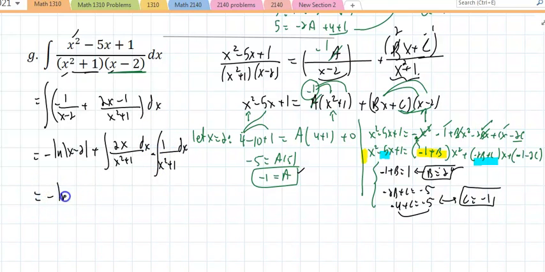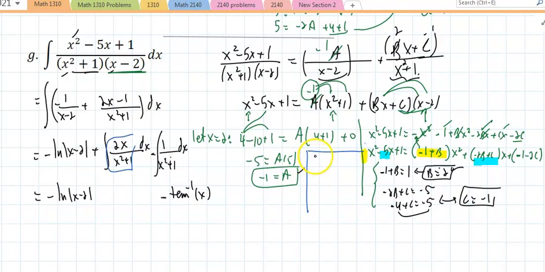So this is going to be negative natural log of x minus 2. This is an inverse tangent of x. We know that already.